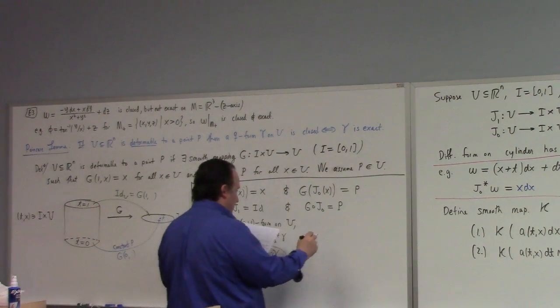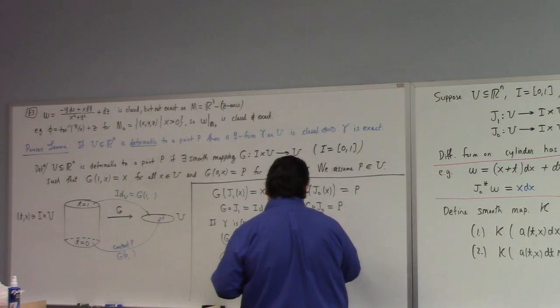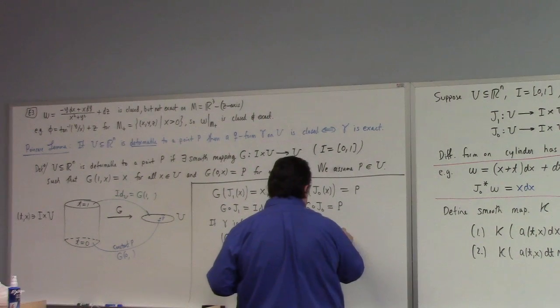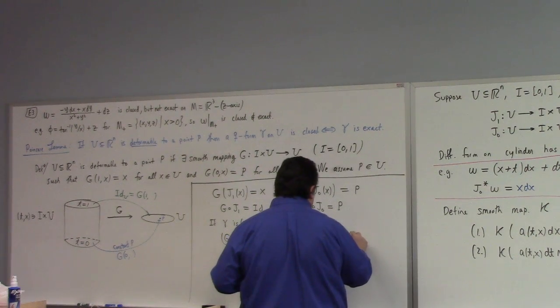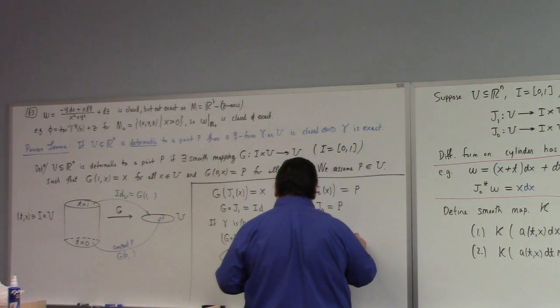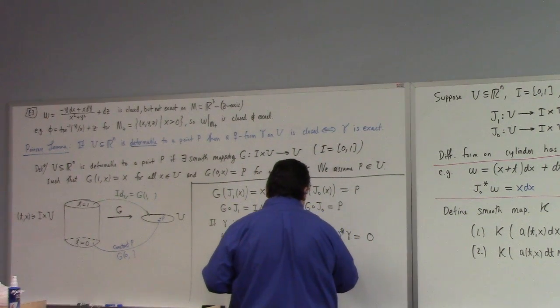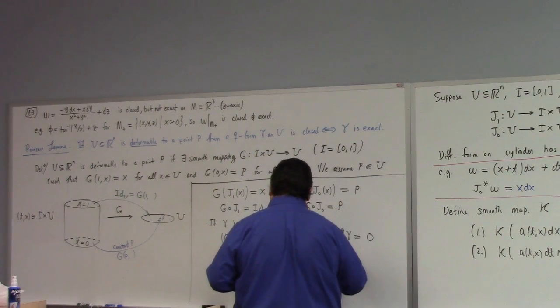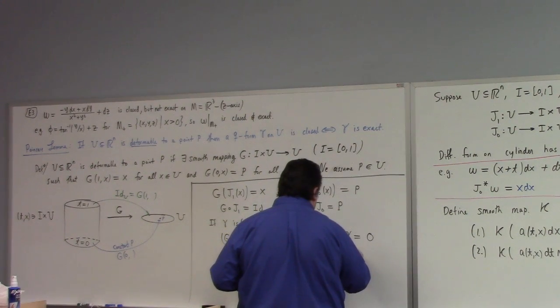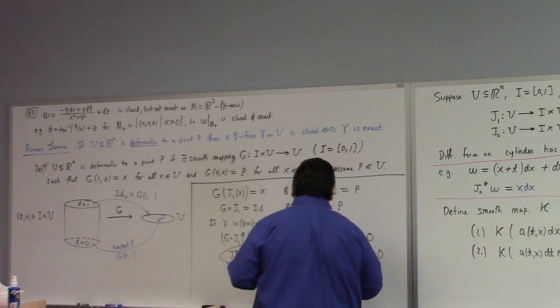And also that G composed with J0 pullback gamma is equal to 0, but that's to say that J0 pullback of G pullback gamma is 0.